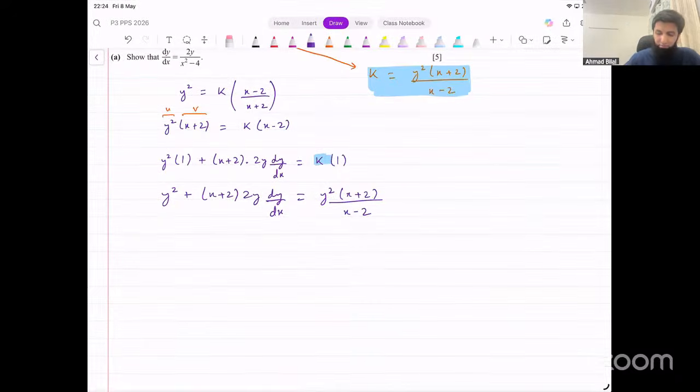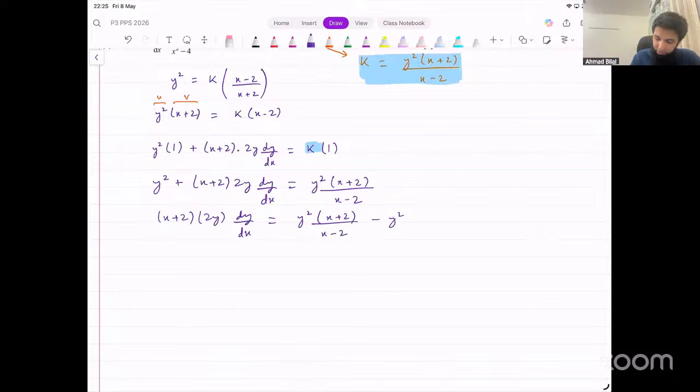Now we can make dy over dx the subject: take y squared to the other side, and that will give you x plus 2 into 2y into dy over dx on one side. On the other side, you have y squared into x plus 2 over x minus 2 minus y squared.